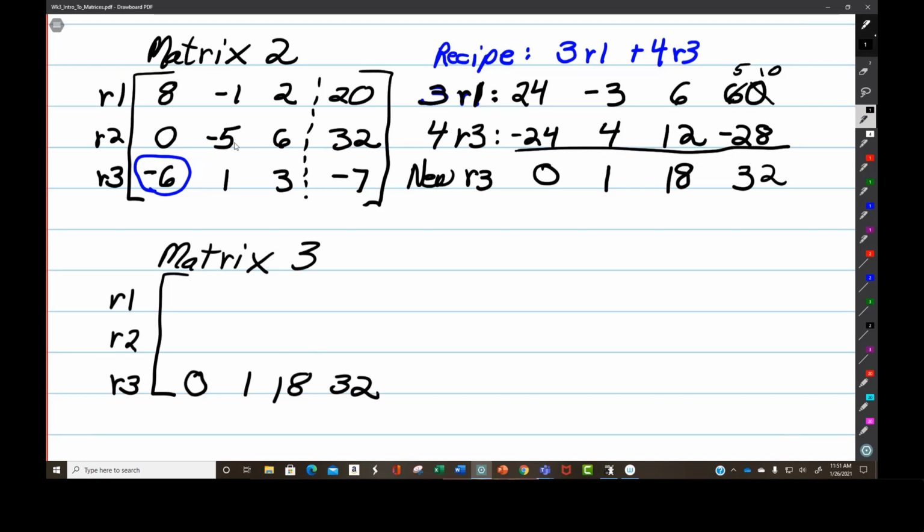And row 2 was 0, 0, negative 5, 6, and 32. And row 1 is 8, negative 1, 2, and 20.